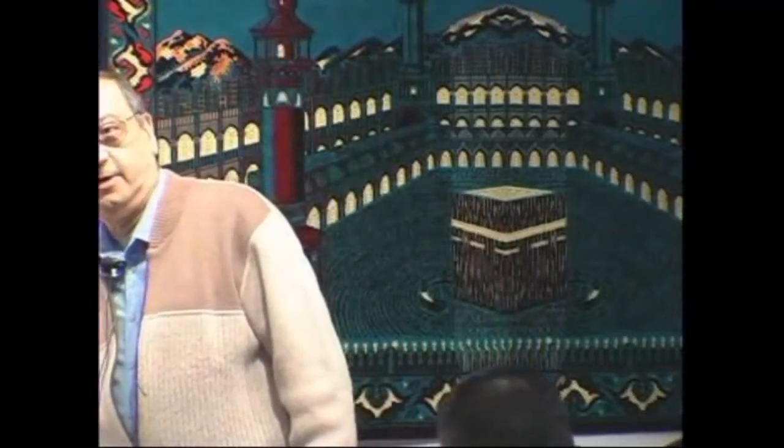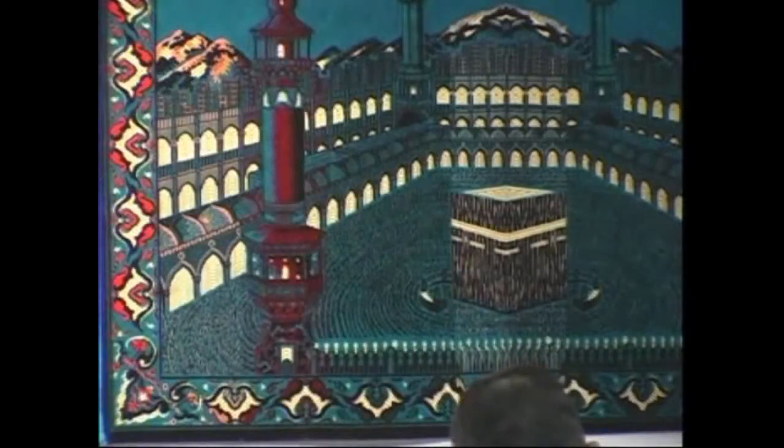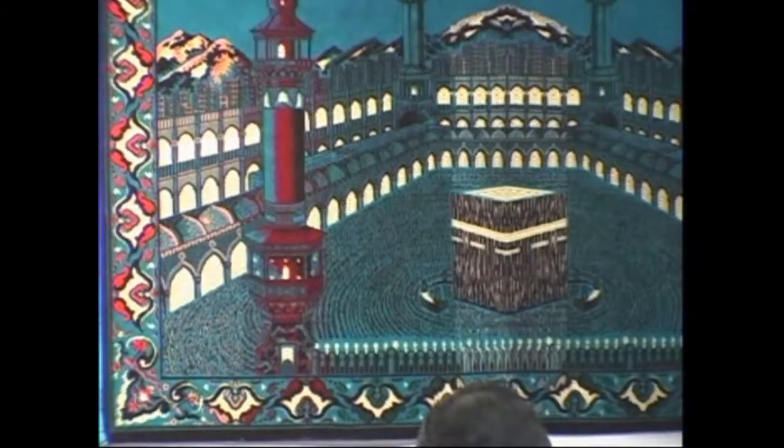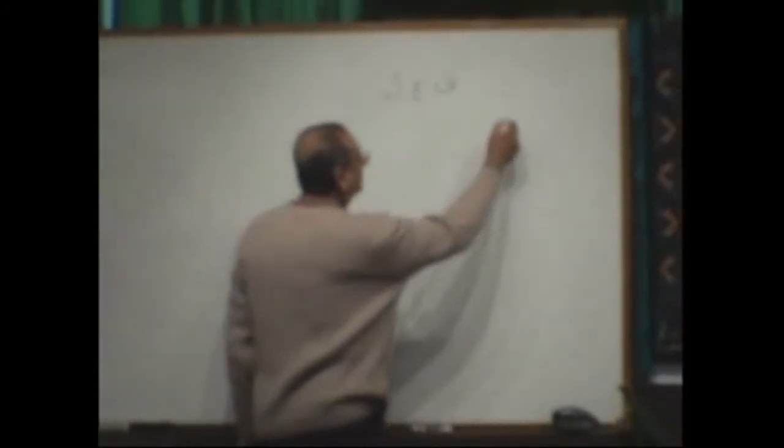Now from that 3-letter verb, brothers and sisters, we add things to make more meanings out of the verb. Okay? So I'm going to show you now what happens. The 3-letter verb, we call it form 1. What do we call it? Form 1. Okay? So root is fa, a, la. Okay, brothers and sisters. Now we come to form 2.